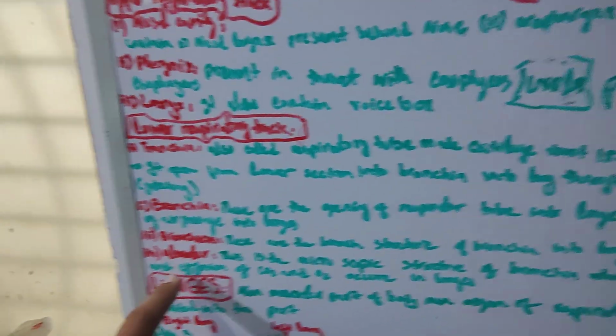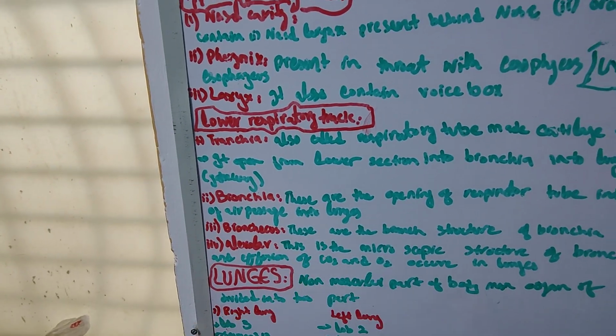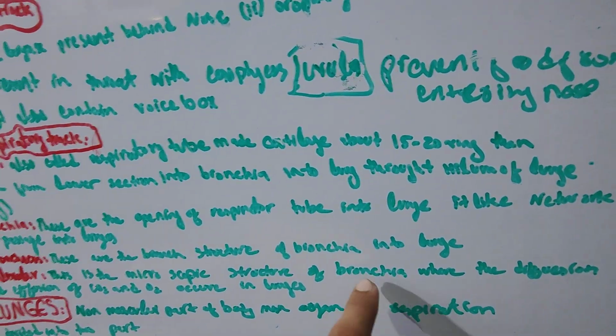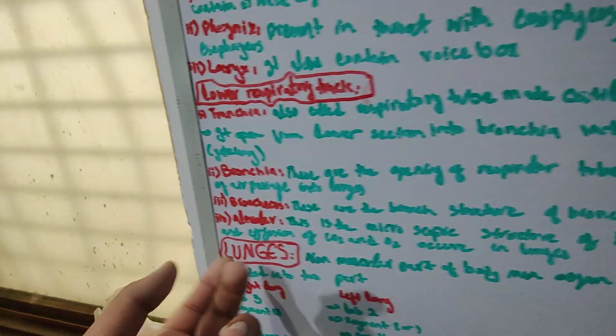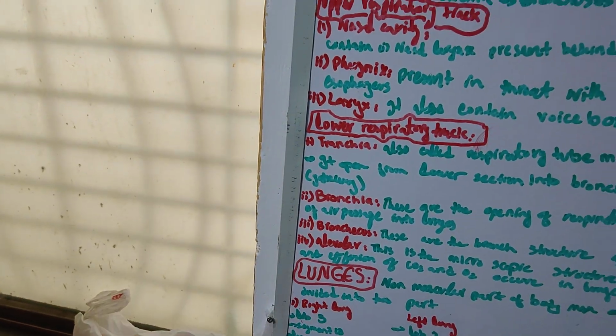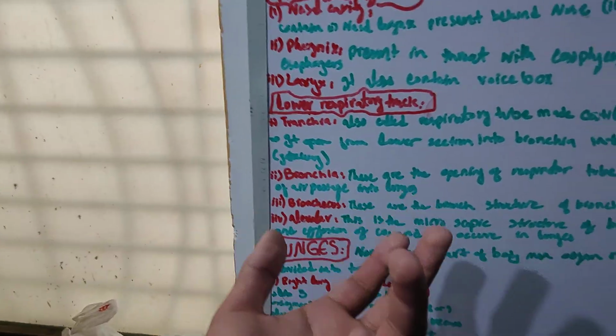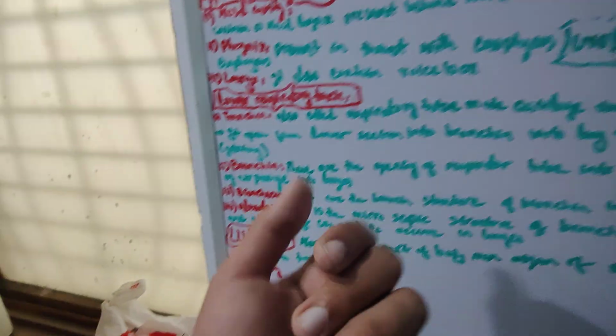Then the alveoli are the microscopic structures of the branches where the diffusion of oxygen and CO2 occurs.